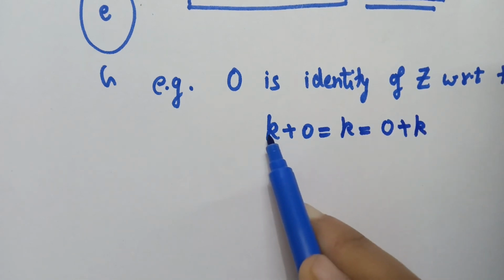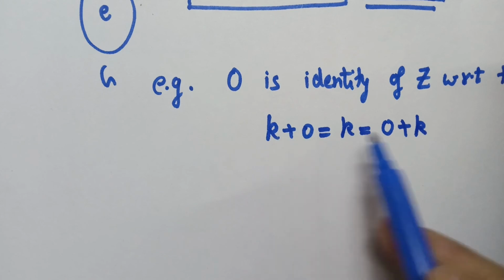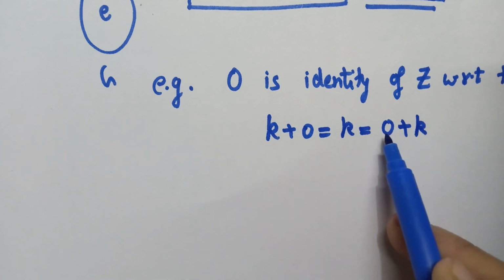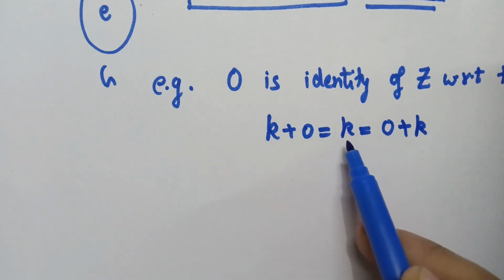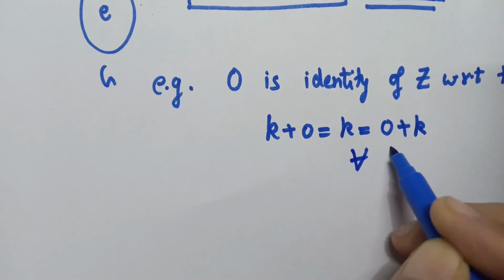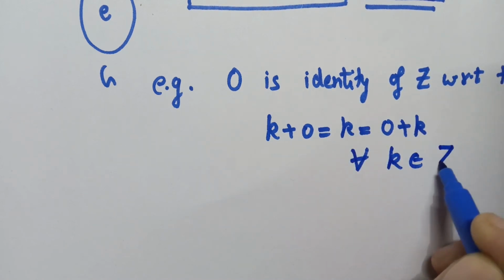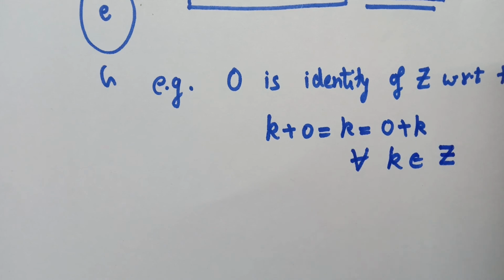That is, either we add 0 to k or k to 0, the answer would be k. And this holds for all k belonging to the set of integers.